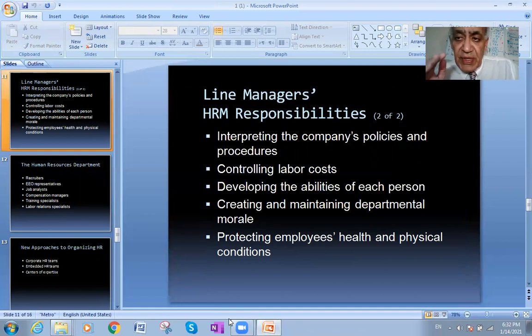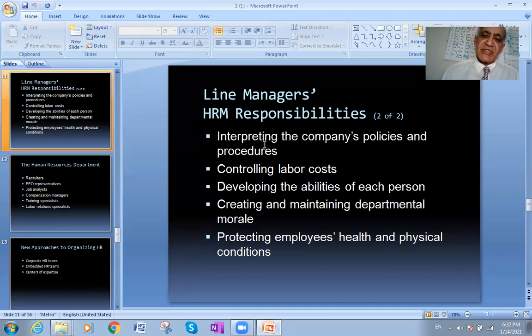Then that will reduce their morale and their motivation to work. Then they will start to look for work in another place. Then the turnover will be high because they will be dismissed, or they will leave and look for work in another place. Then the production and the productivity of this company will go down.